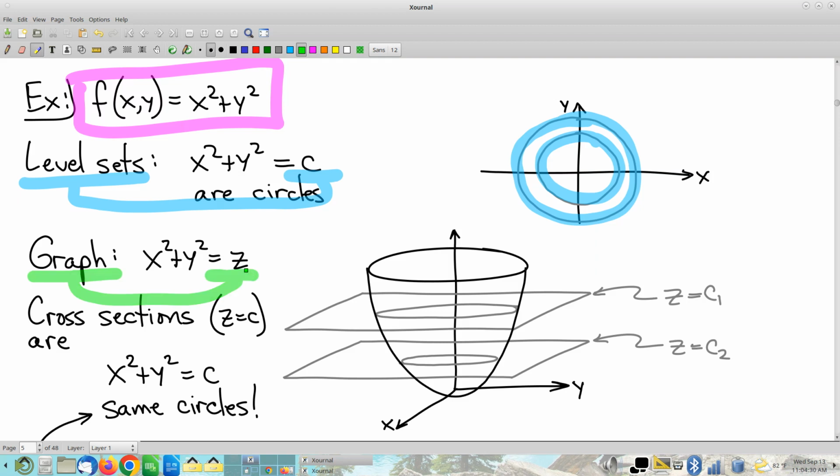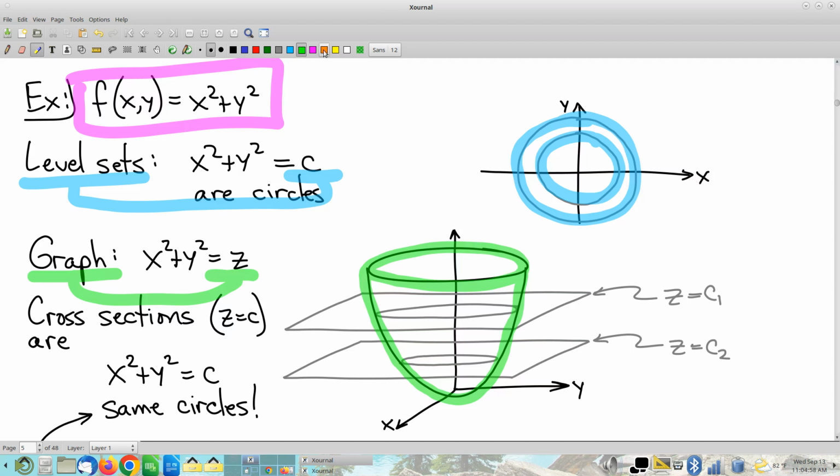This is an equation involving 3 variables, and we're going to see what this equation looks like really soon, probably tomorrow. But I'm going to claim for the moment that it looks like this. It's kind of a bowl. Take my word for it for the moment.